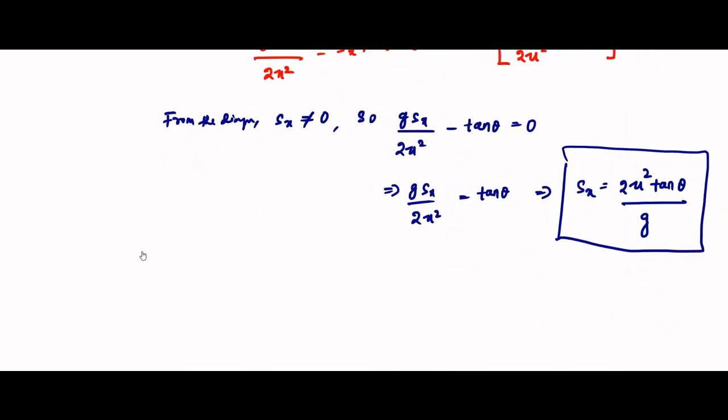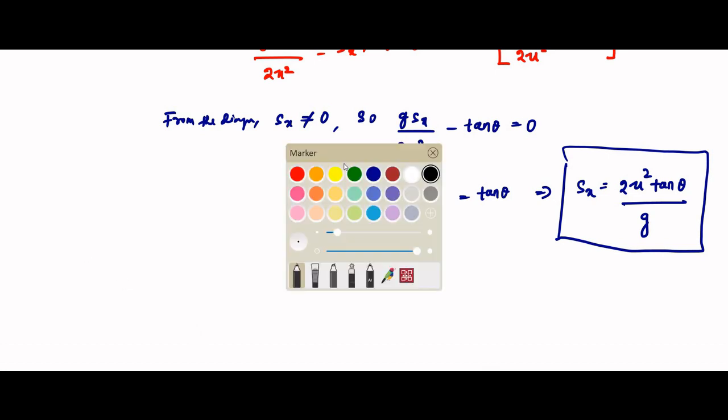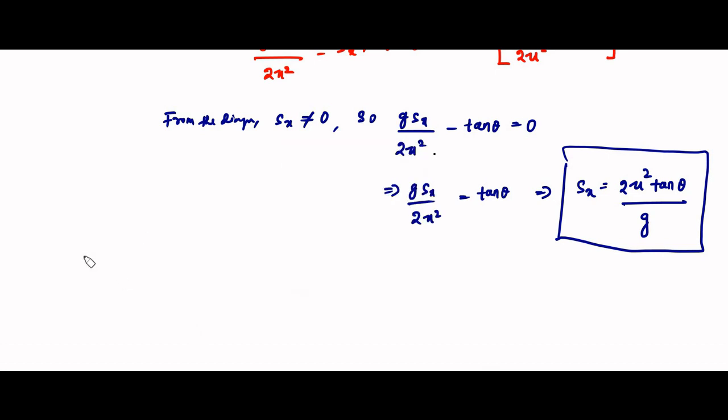So d is the square root of Sx square plus Sy square, that equals Sx square plus Sx tan theta whole square.